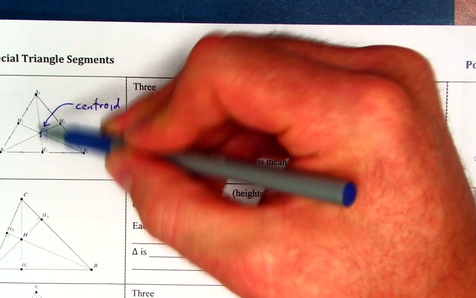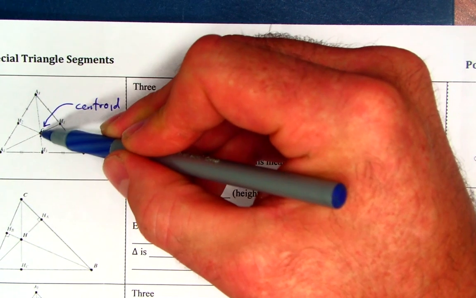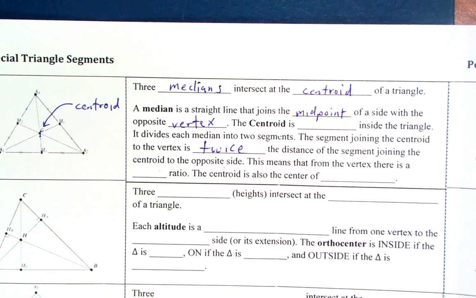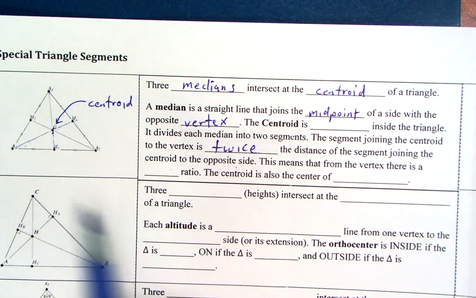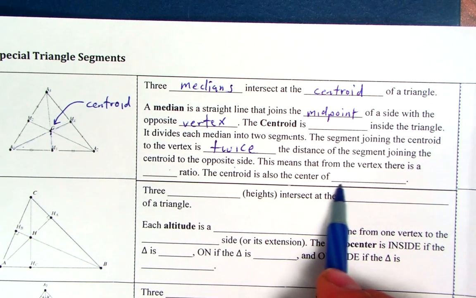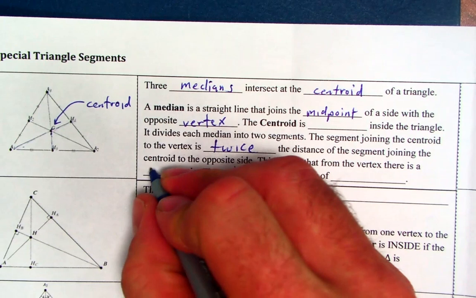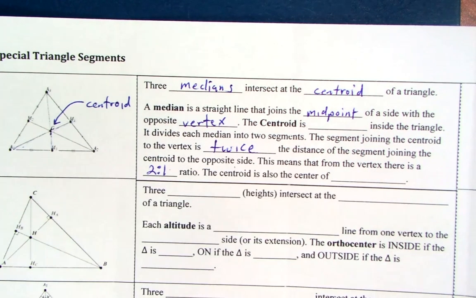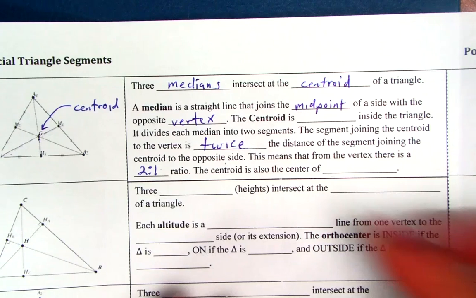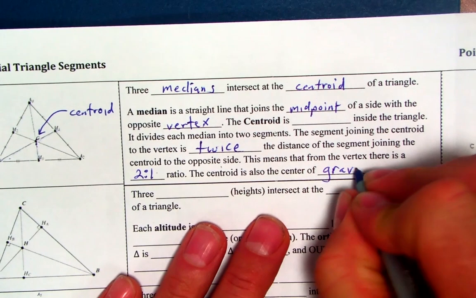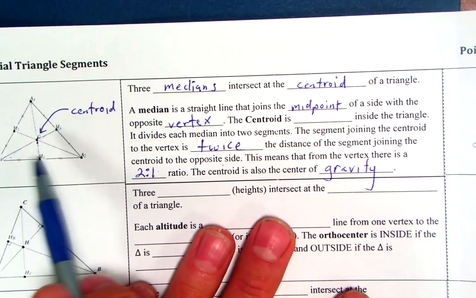So this is twice the length of this shorter piece. And that's true for all of them. This longer segment is twice the shorter segment. So that means that from the vertex, there's a 2-to-1 ratio, and the centroid also has a special property of being the center of gravity, meaning if you were to cut out this triangle, you could balance it right there.